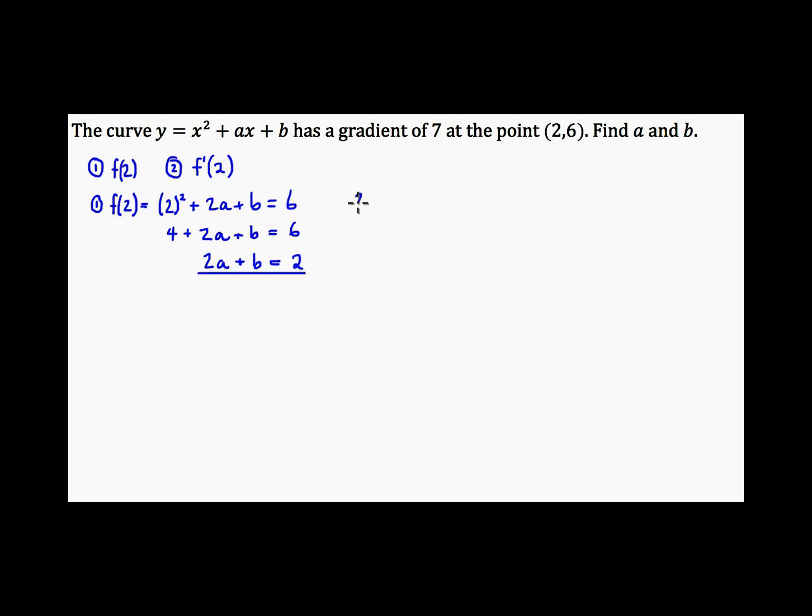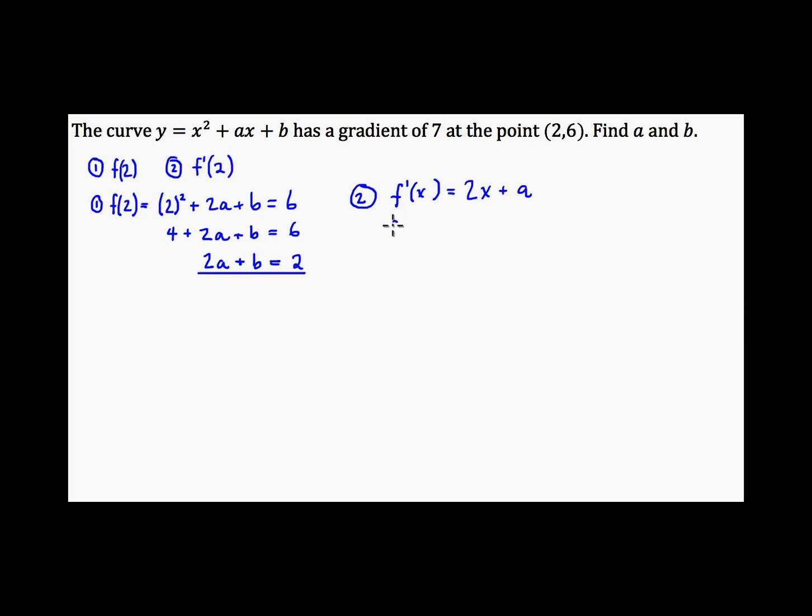Let's work on our second one, number 2. We're going to work out the derivative of the function, so f prime of x, and that's going to equal 2x plus a.